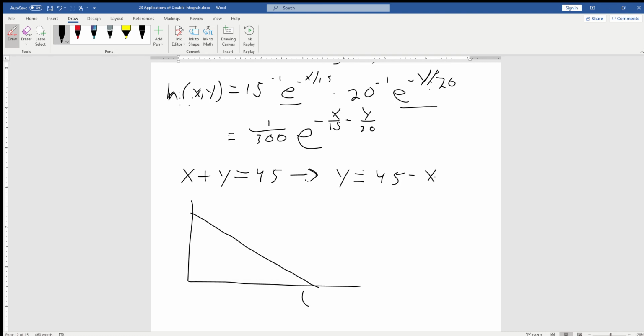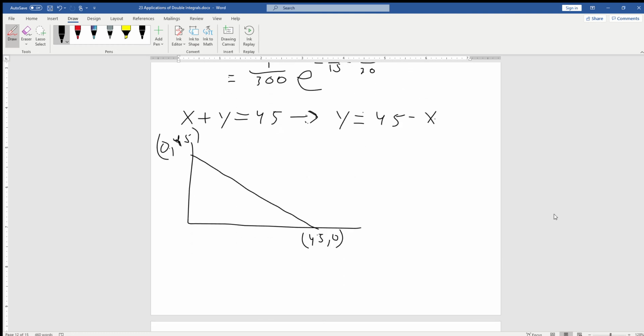So down here at the intercept we have the point (45, 0), and then up here we have the point (0, 45). The reason we need this is because this is the region that's going to determine whether we have a type 1 or a type 2 integral. It's going to help us set up the double integral, and then we're going to evaluate it. If I think of this as a type 1 region, because we already have y equals 45 minus x as our function, let's think of this going up and down.